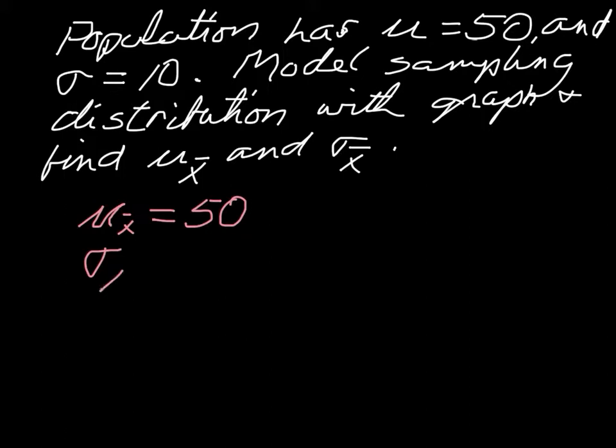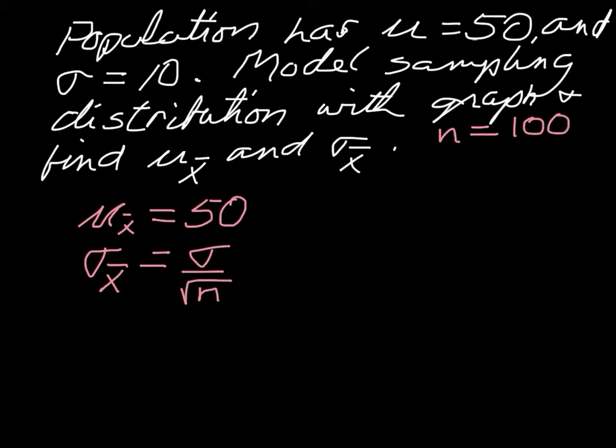The standard deviation of the sampling distribution has a formula, and it's going to be the standard deviation divided by the square root of the sample size. So let's say our sample size is n equals 100.